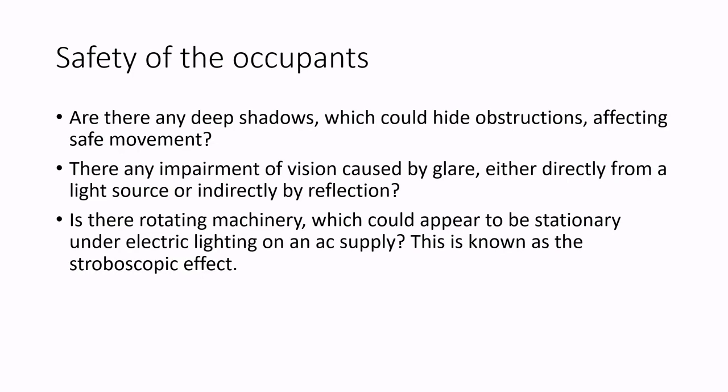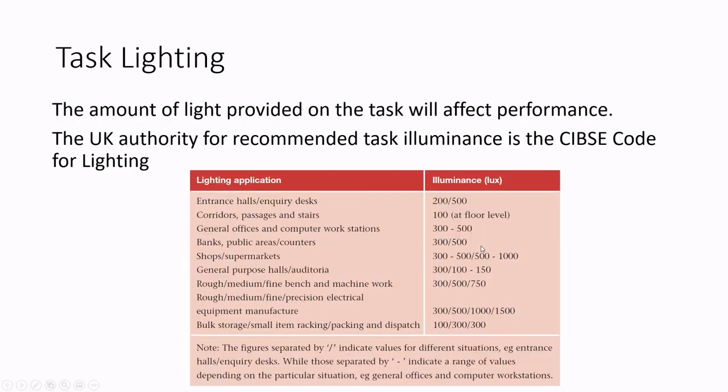When there's a stroboscopic effect, these machines can appear as stationary, but actually they are rotating. So this is an effect due to the light source. So you have to avoid putting those specific light sources in these kinds of areas.